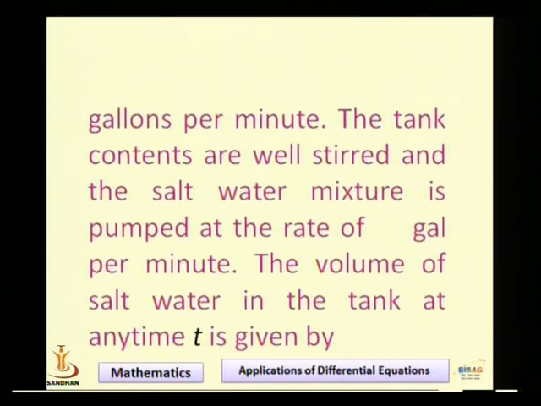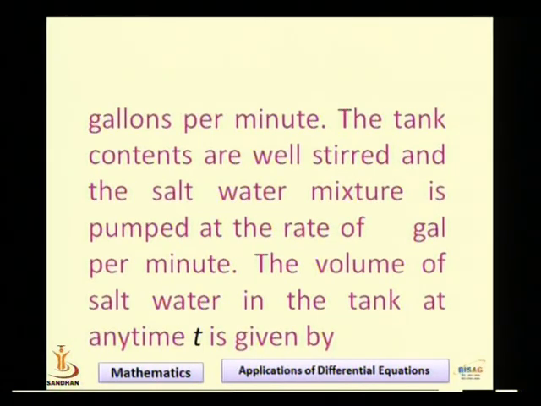Then the tank contents are well stirred, well mixed, and the salt water mixture is pumped out at the rate of Ro gallons per minute.